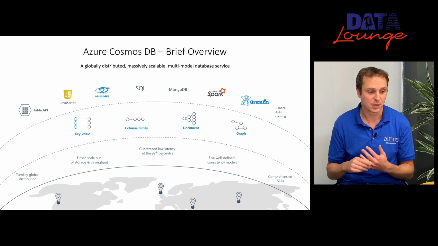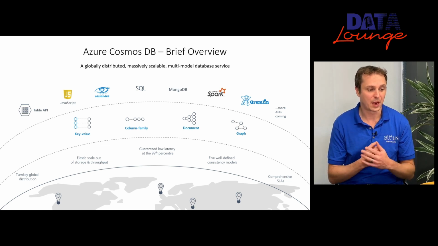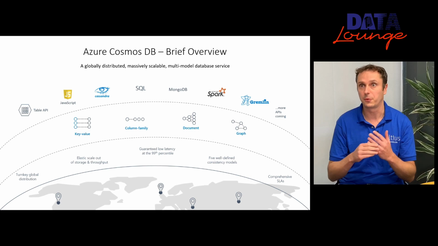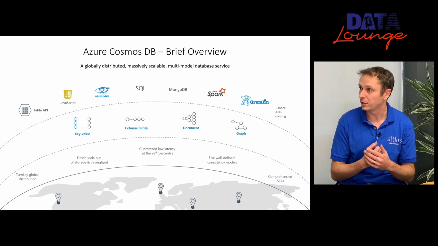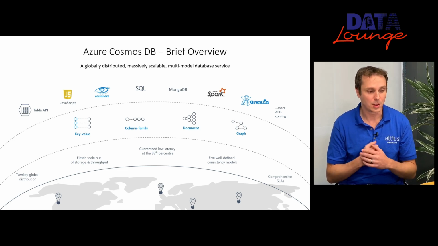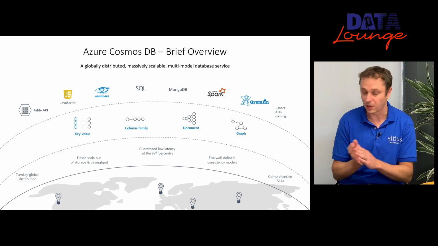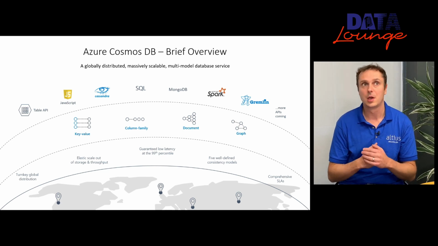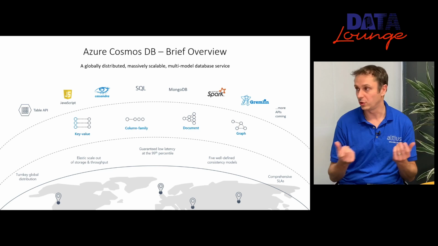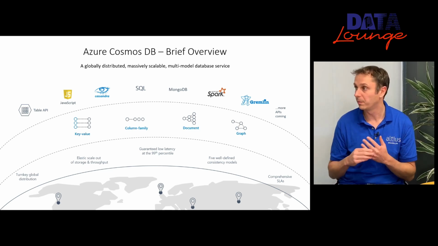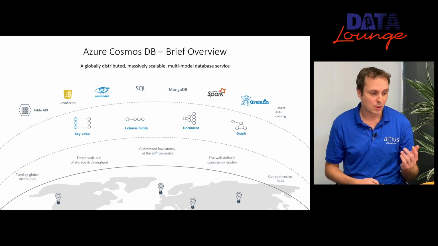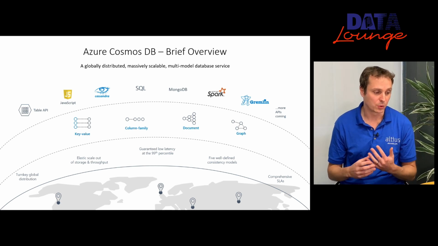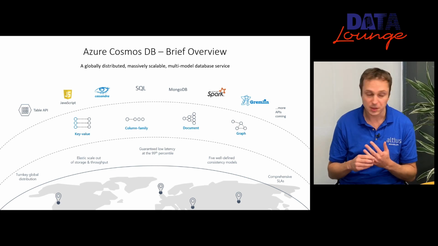They've then put a number of different database models on top of that underlying infrastructure, to take away the complexity of setting it up and give developers the tools they're used to and that best suit the application they're building.